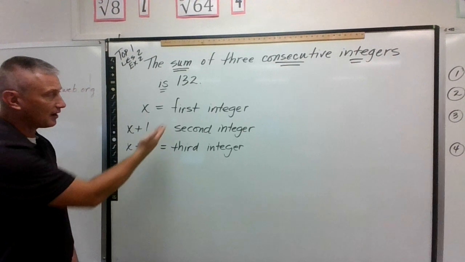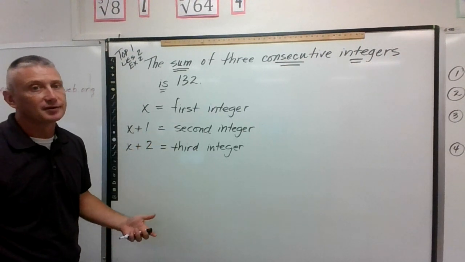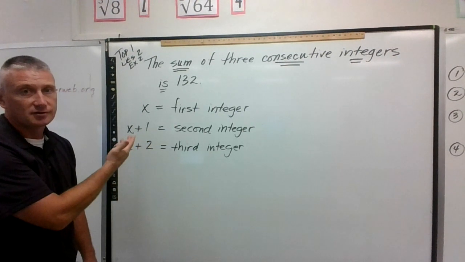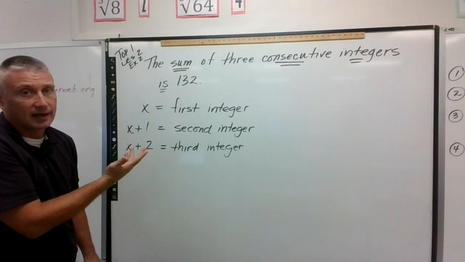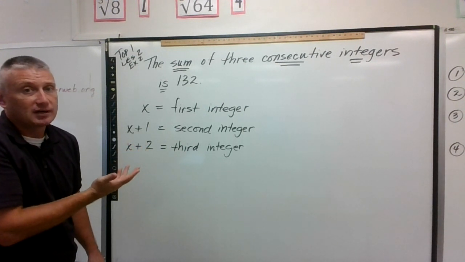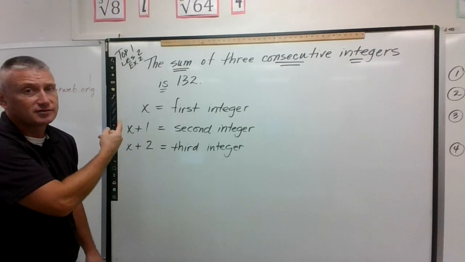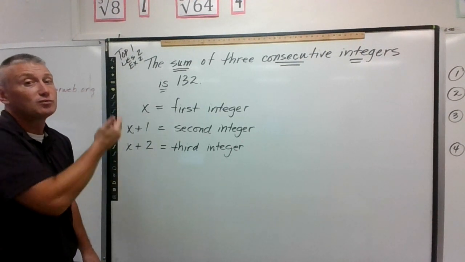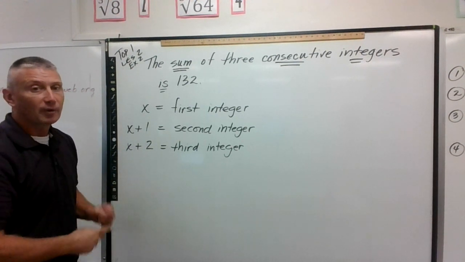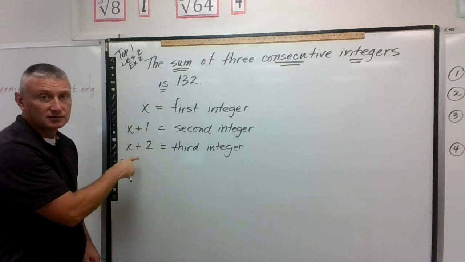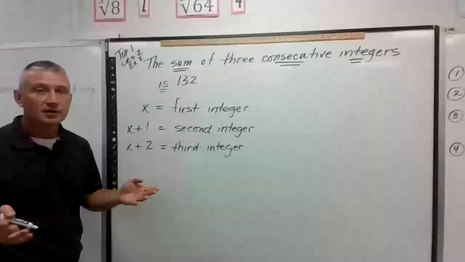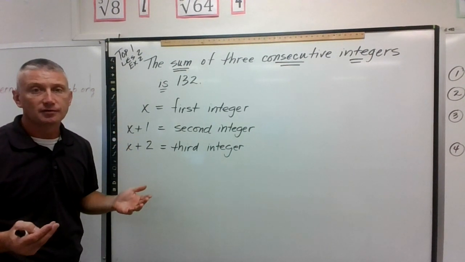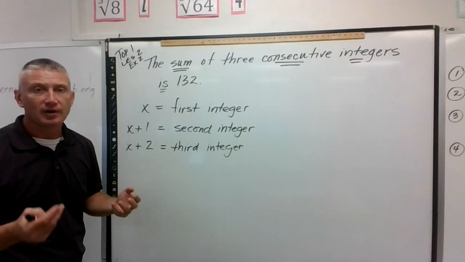So here are my first three integers. They look weird because they're expressions. My first integer is x. Don't know what it is yet. My second integer, I don't know what it is either, but I know it's one more than the first integer, and the third integer I know is two more than the first integer. But I know that all three of these are going to add together to equal 132. So this is where I now create my equation.